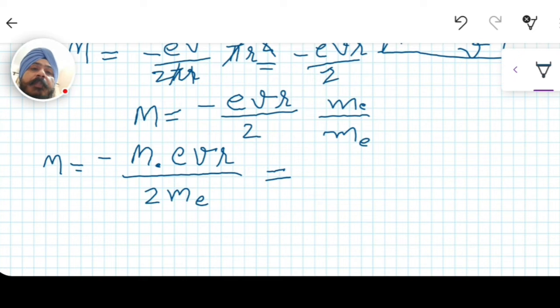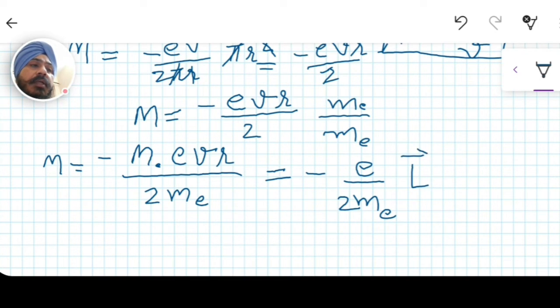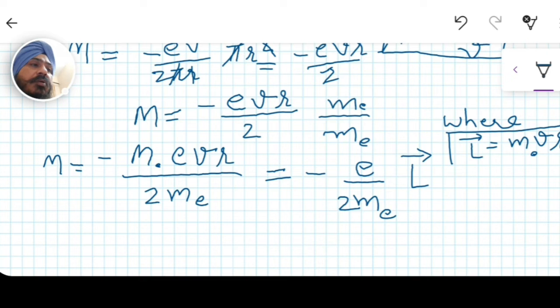If you see here, then m v r is the angular momentum of the electron. So it is minus e upon 2 m e into vector L, where L is m e v r. This is the angular momentum of the electron.